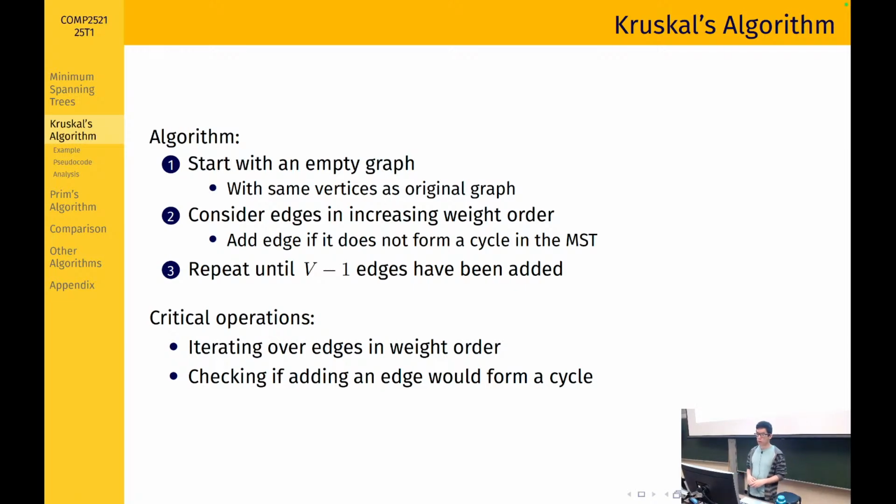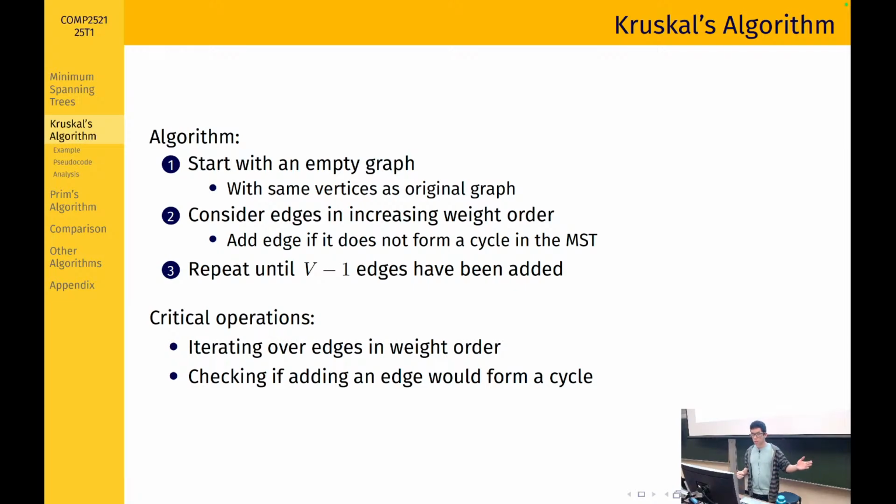That means the edges with the smallest weight will be first, and the edges with the largest weight will be last. We go through these edges in increasing order, and for each edge, we add it to our new graph if it doesn't create a cycle.